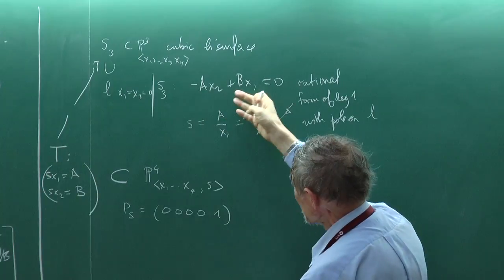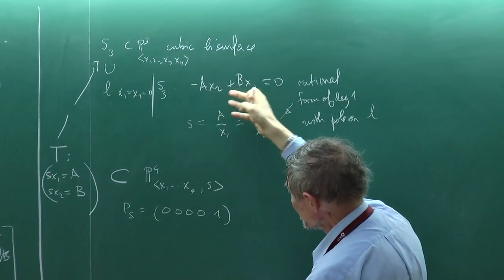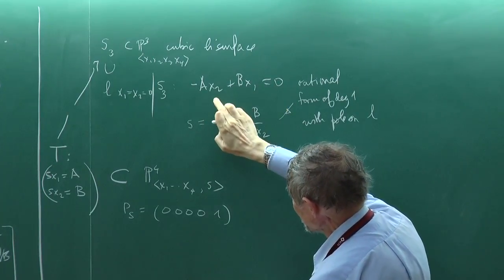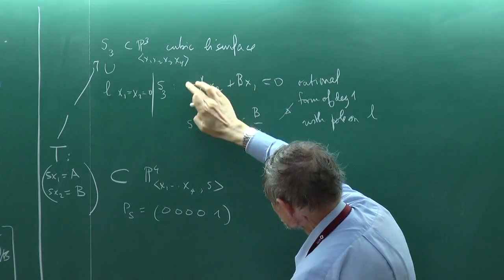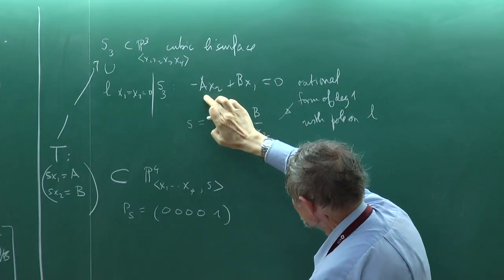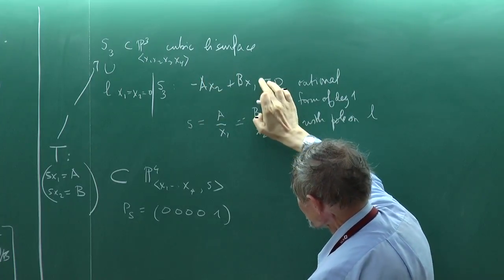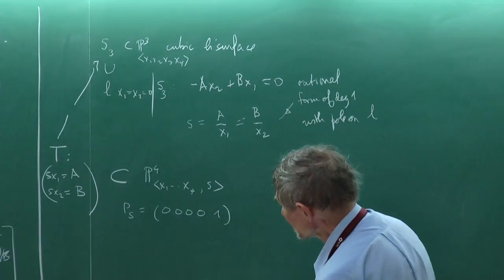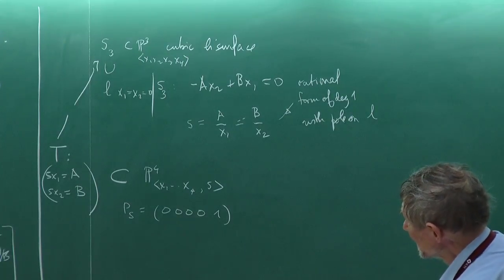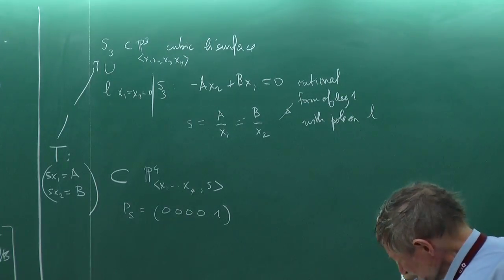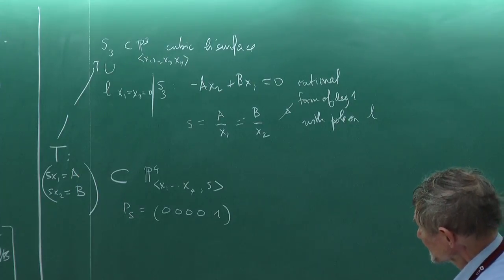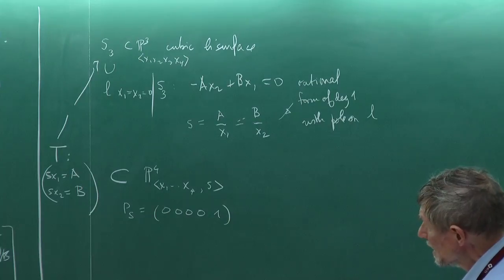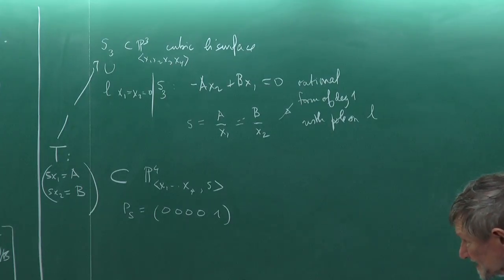A and B can be really arbitrary things, as long as x1 and x2 are a regular sequence, and minus Ax2 plus Bx1 is also a regular element. So this is about a projectively Gorenstein variety containing another projectively Gorenstein variety as a divisor. And that's the context of the unprojection theorem that I'm going to talk about.